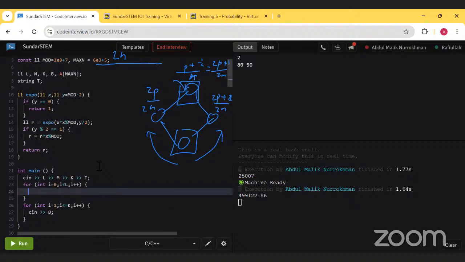If the character is p, so there are three cases.